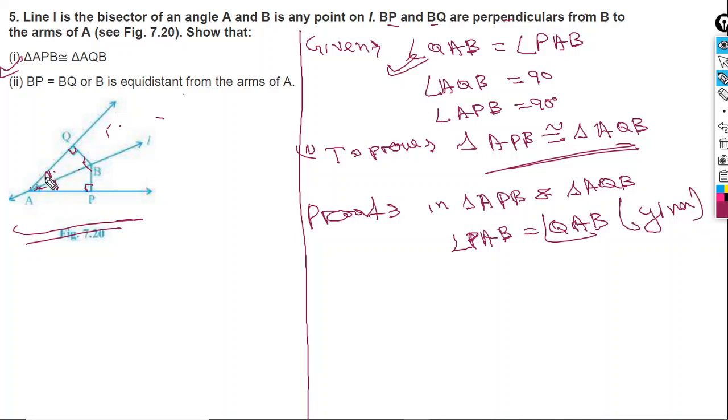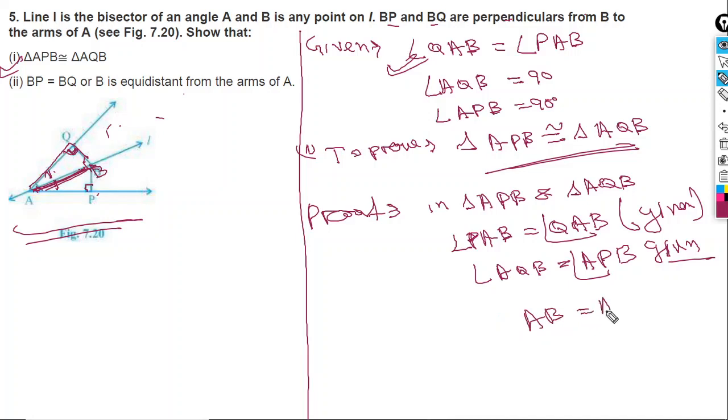So one angle is equal now. Another thing, angle AQB is equal to angle APB. It is also given. And AB is the common line.